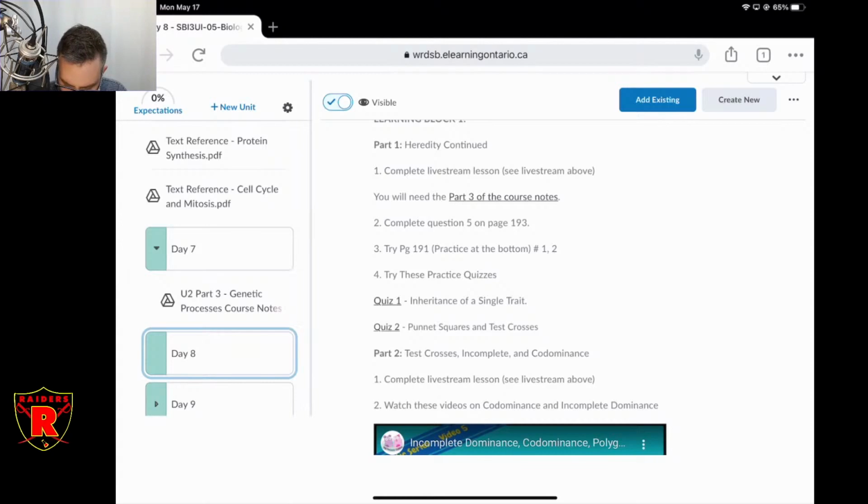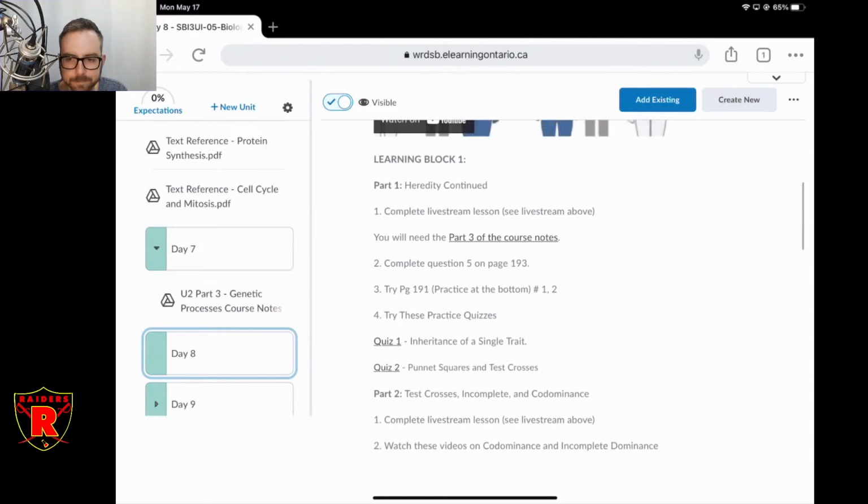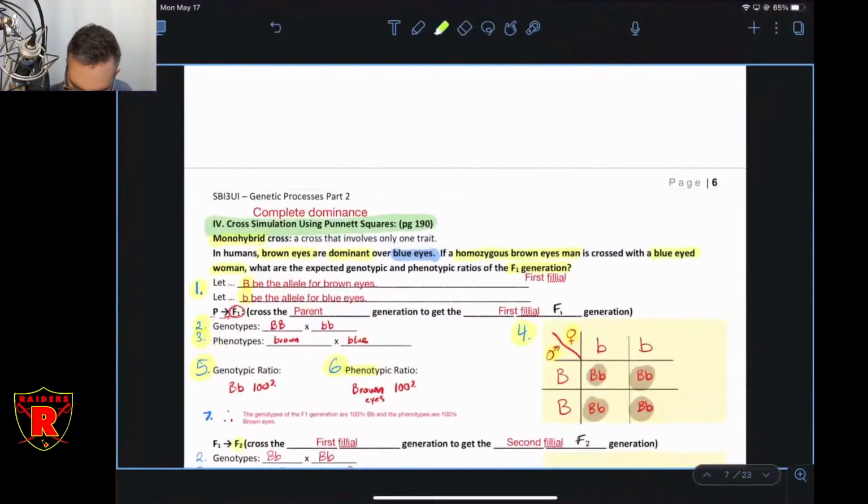Squares, test crosses. I have till 10:20. Okay. Yep. I think we can do that. All right. That's reasonable.